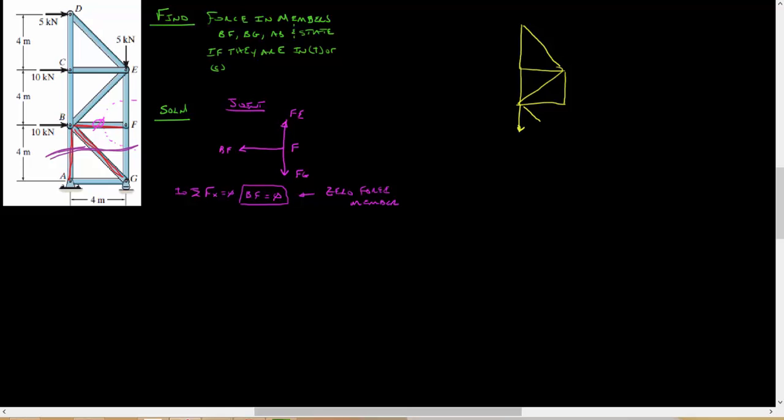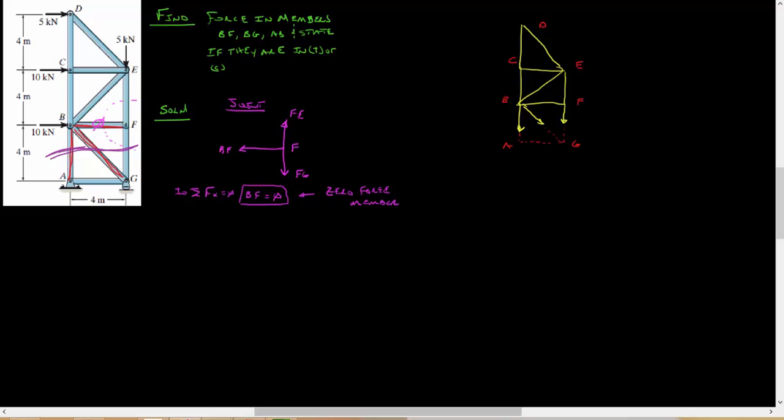And I draw them in tension. Let's go back and label these. This is D, this is C, this is E, this is B, this is F, and I could finish these with dashed lines and label this as G and label this as A.